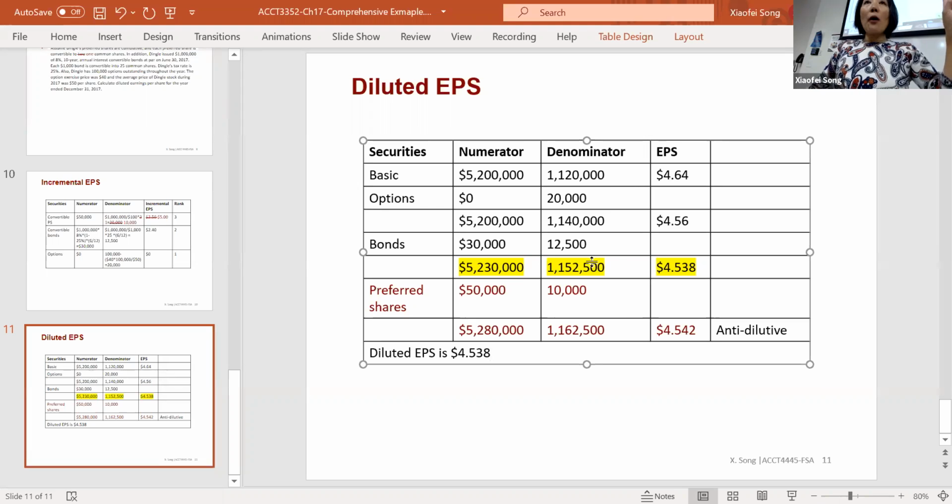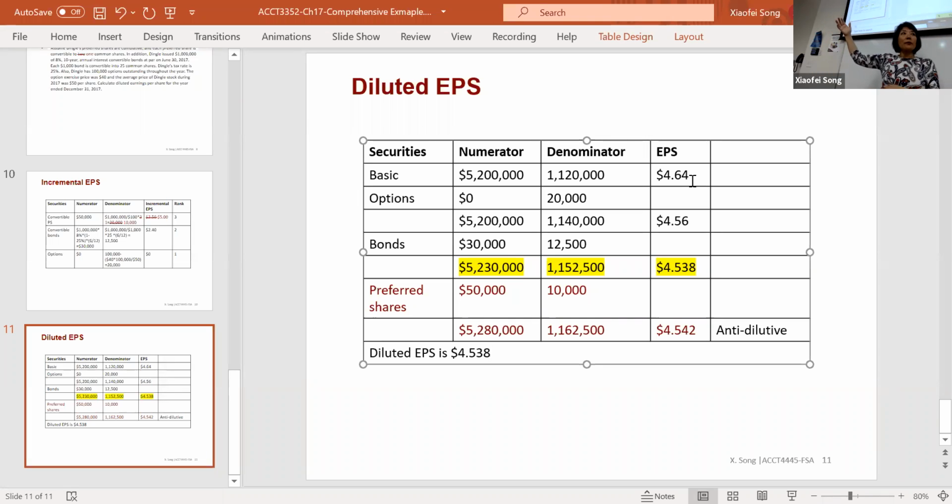Because in this process, when you include more dilutive potential shares, your benchmark moves down, right? As you include options and other more dilutive ones, what you compare to will go down. It will have some kind of curve like this.